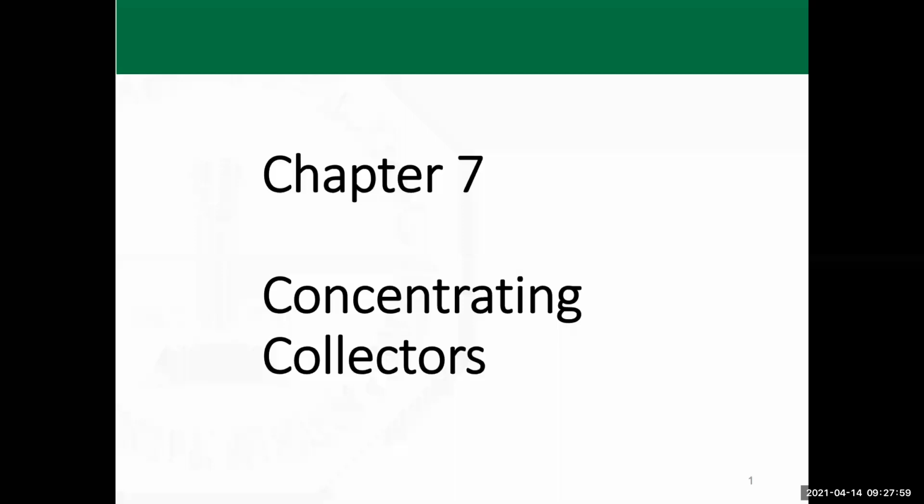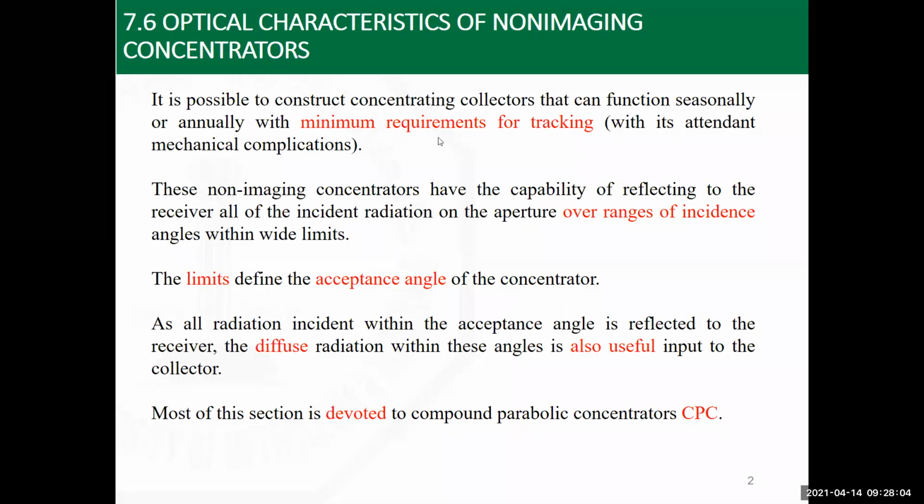So we're still with the concentrating collectors, and we're talking about the construction of collectors that can function either seasonally or annually with minimum tracking. So the idea behind coming up with the CPC, or the compound parabolic collector, is to avoid tracking. Why do we need to avoid tracking? Because of two things.